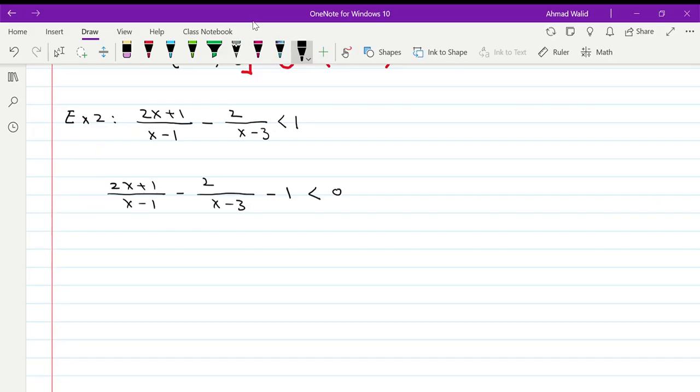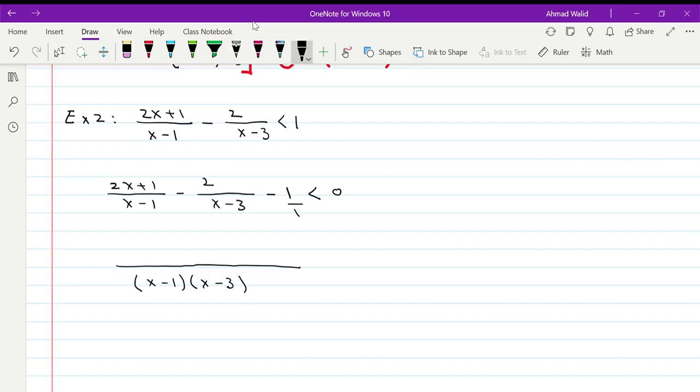Here you need your skills from intermediate algebra to find the common denominator between x minus 1, x minus 3, and 1. And we know it's the product of these two denominators, correct? Your new denominator will be x minus 1 times x minus 3.